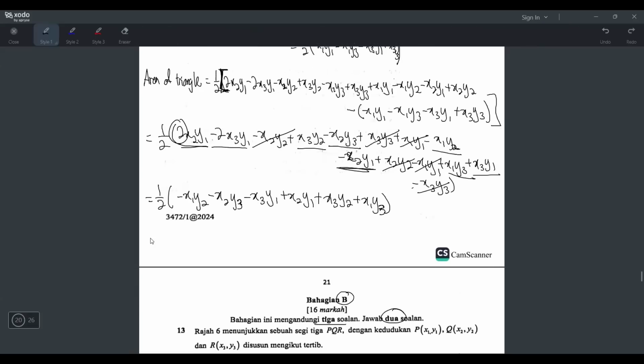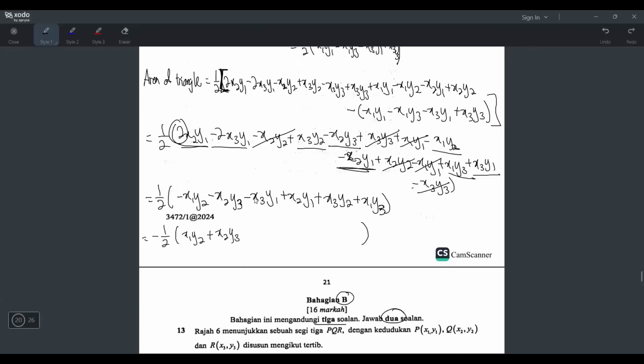Actually, very simple. All you need to do is factorize out negative from everybody here. You will just take out the negative. So what happens is it will become, but the negative cannot disappear. You have to put it like this. You understand, right? Because when you change sign for everyone, you become x1, y2. Then this one, when you factorize out the negative one, becomes x2, y3.